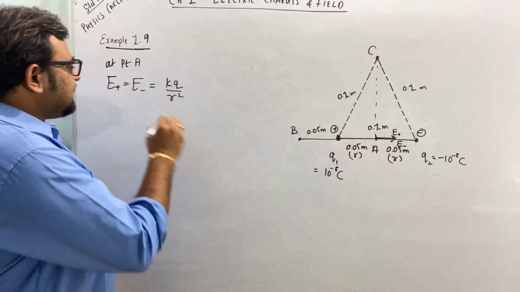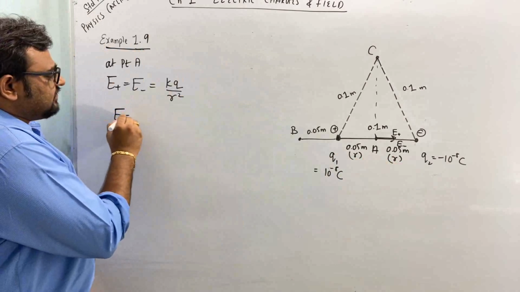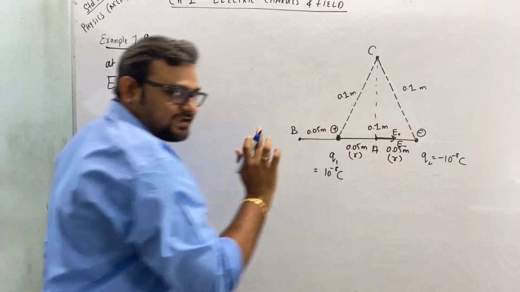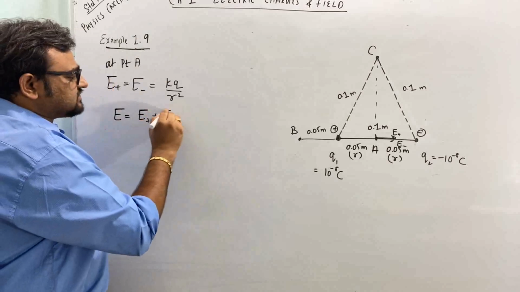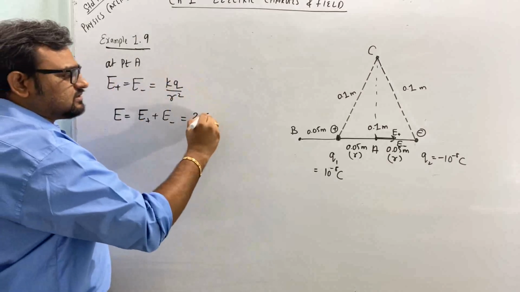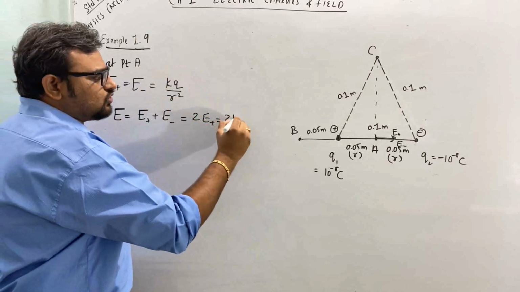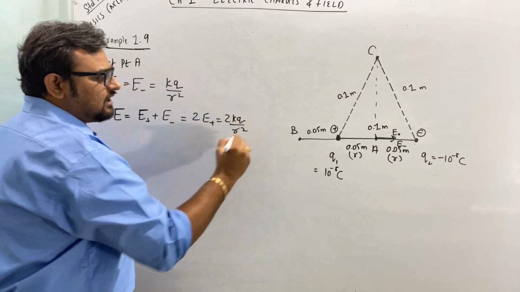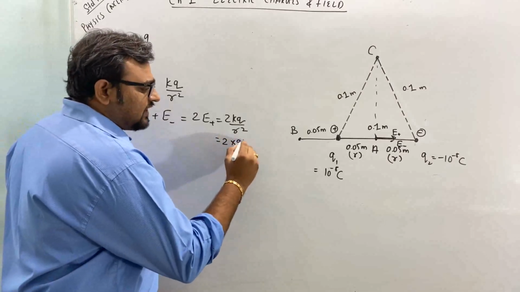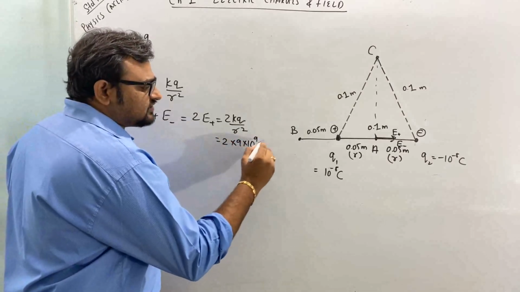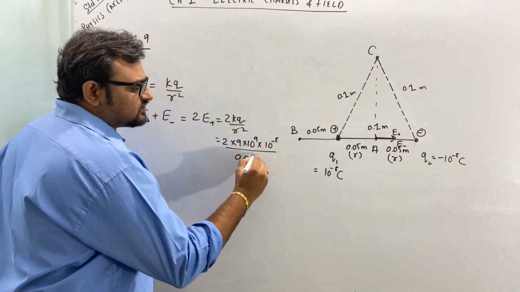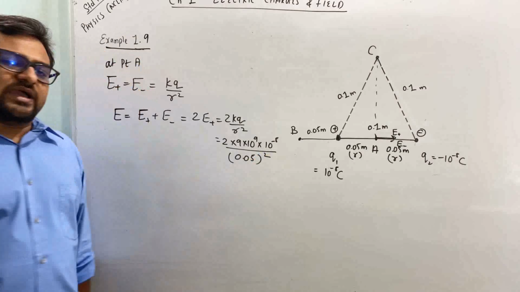So the resultant electric field will be E plus, we will add it, plus E minus. So this will be 2 times this, that is 2kq by r square. So 2 into 9 into 10 raised to 9, charge 10 raised to minus 8, and r 0.05 square.